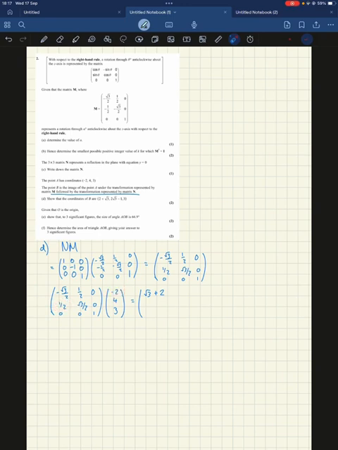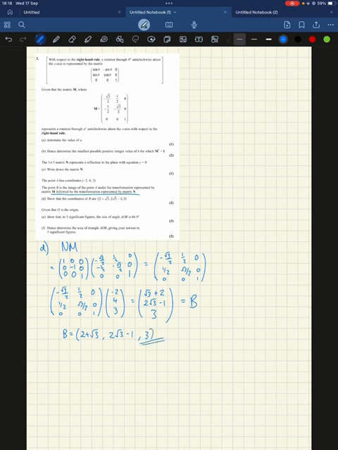This and this will be minus 1 plus 2 root 3 and then 0, so 2 root 3 minus 1. And the last one, well that's 0, 0 and then 3. So representing this, and this is B, as coordinates, B is equal to 2 plus root 3, 2 root 3 minus 1, 3. And this is our answer for what we had to show.